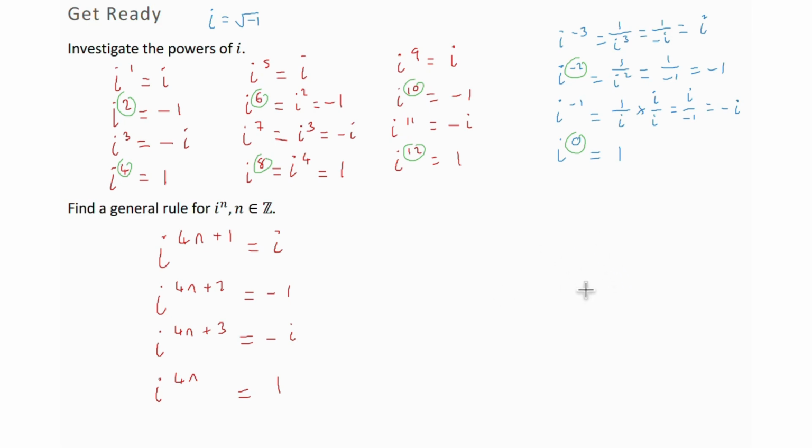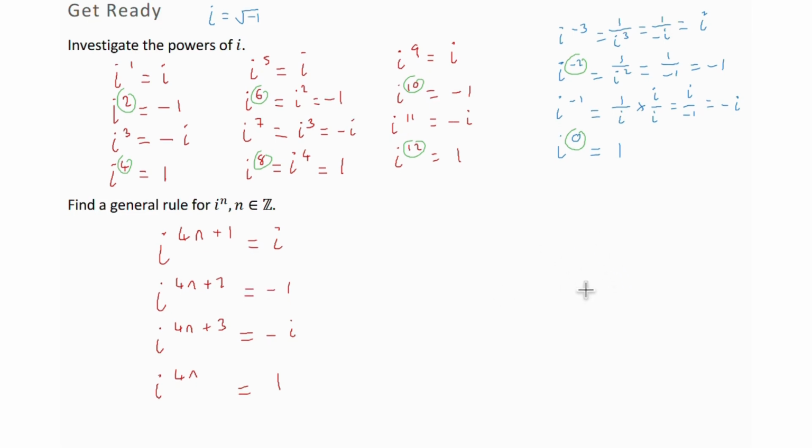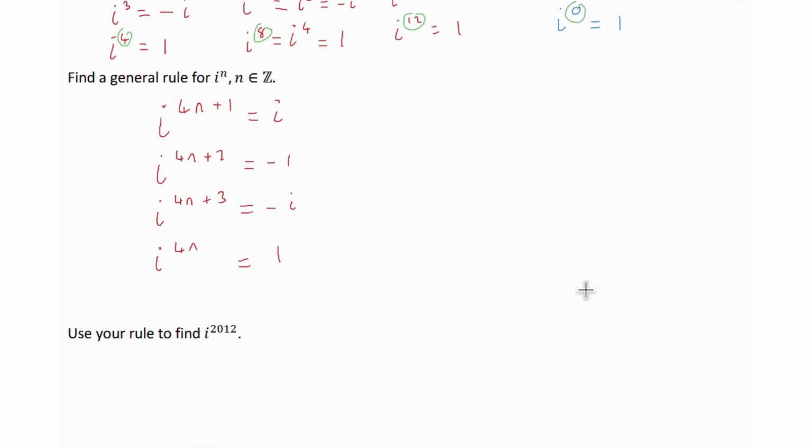Now these are useful because it enables us to do things when we have particularly large powers. So for example, if we have something like i to the power of 2012, all we need to do is think about how this relates to a multiple of 4. So 2012 is actually 4 lots of 503, which means it's i to a multiple of 4, which means that's equal to 1.